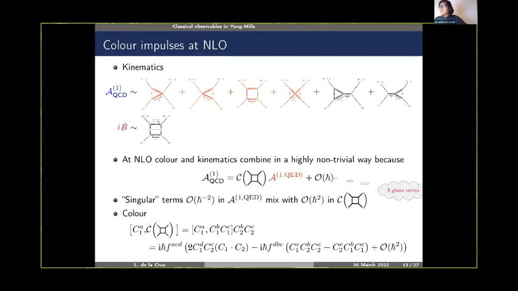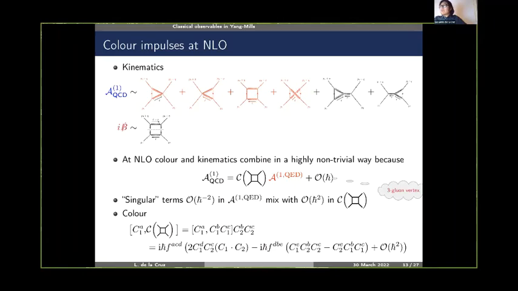Then after using this Lie algebra, you can see that there is a term here that is proportional to h bar squared. So this term is going to cancel things that were singular in the amplitude. So things that were singular in QED are going to become classical contributions in the case of Yang-Mills. This is quite interesting.